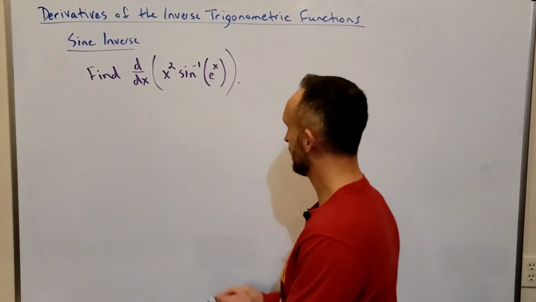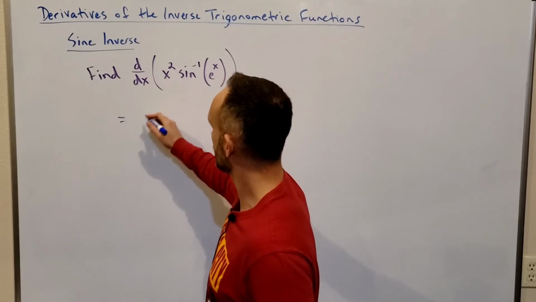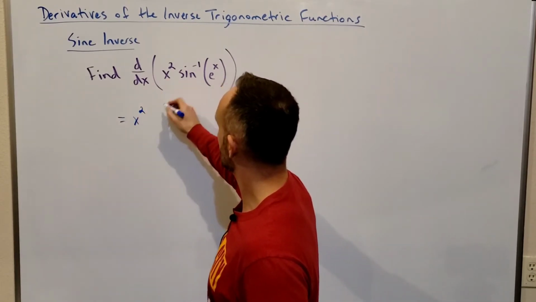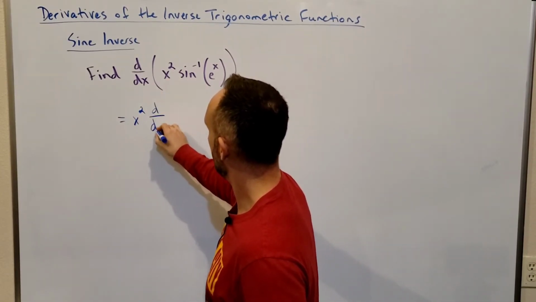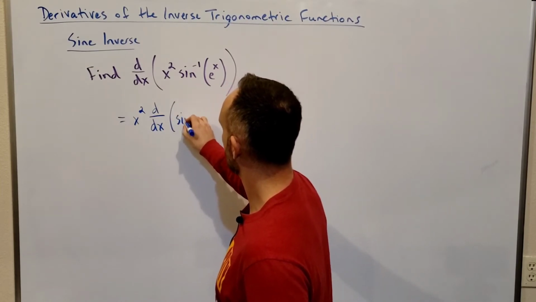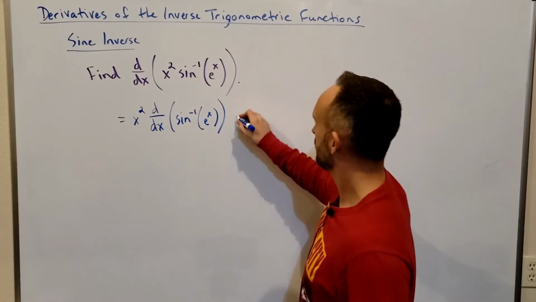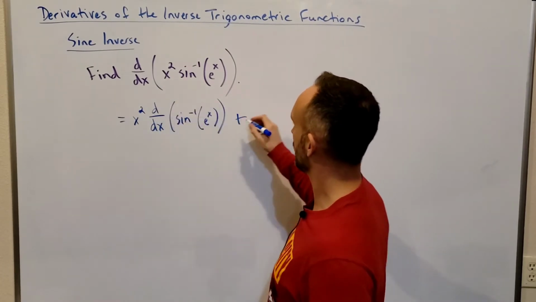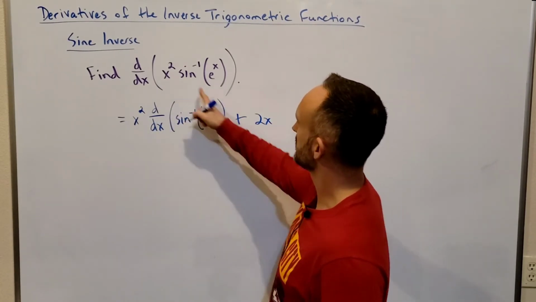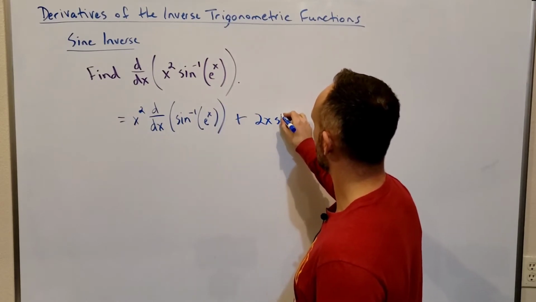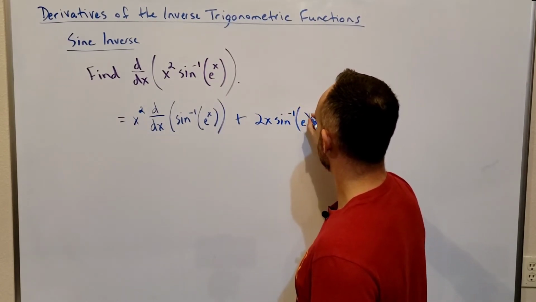So what we'll get is the first function, x squared, times the derivative of the second function, sine inverse of e to the x, plus the derivative of x squared, which is 2x, times the second function, so sine inverse of e to the x.